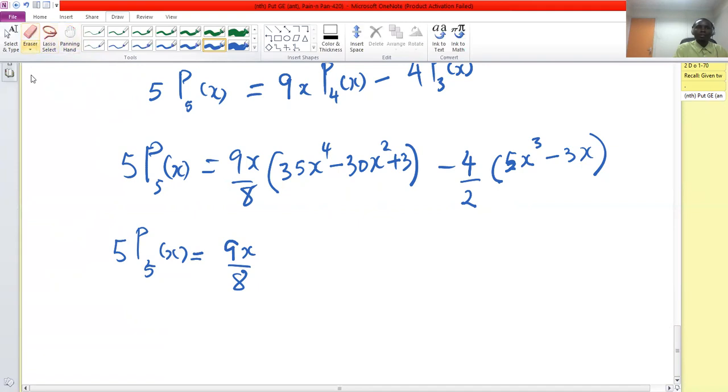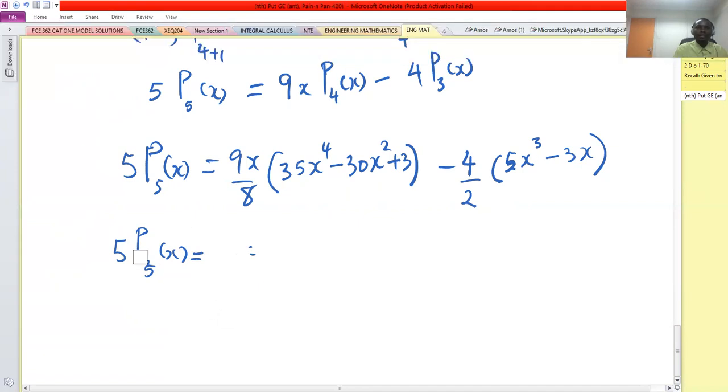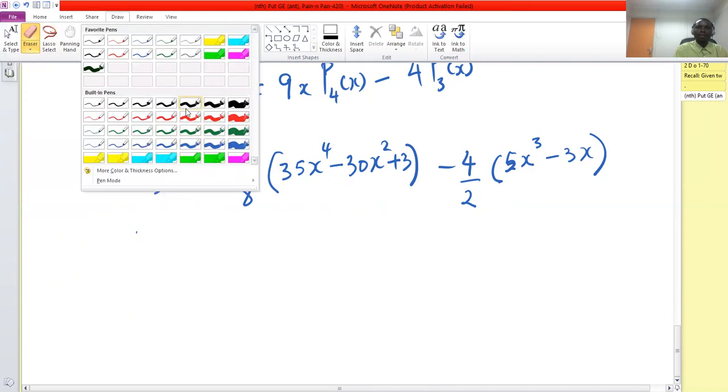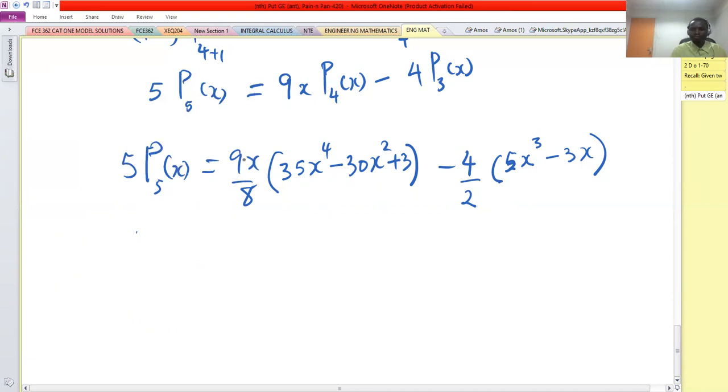Actually, next step, I can divide both sides by 5. Before we do that one, let's just open. So 9 by 35, and then divided by 8.